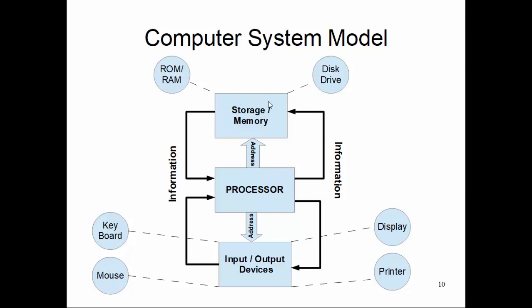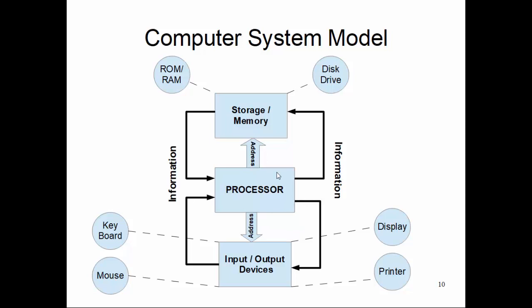So the storage system knows the information it's getting has to be stored inside the disk drive, because the processor specified address 55. Whereas if the processor had specified 95, then the storage system would distinguish that this information is targeted for the ROM or RAM system. So this is what the address is in this picture.